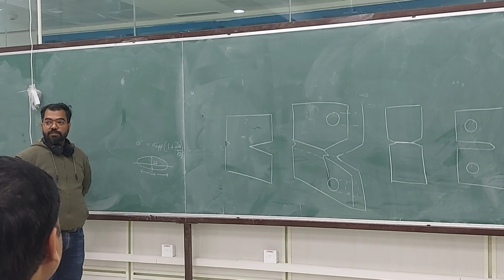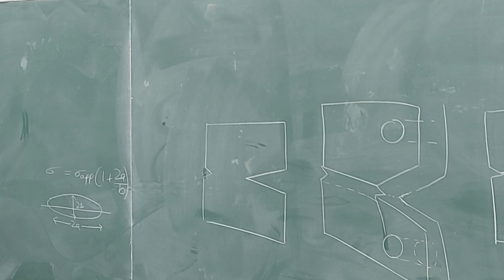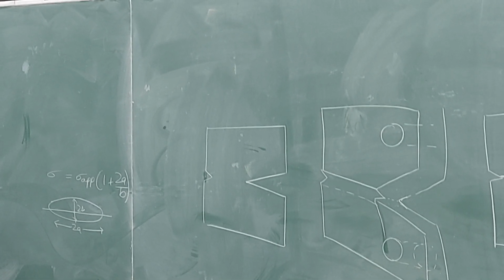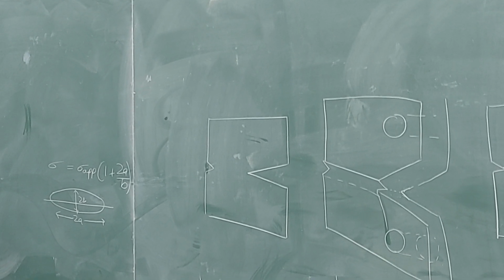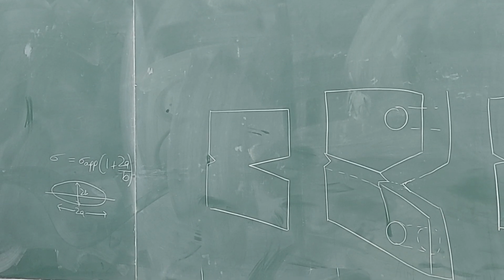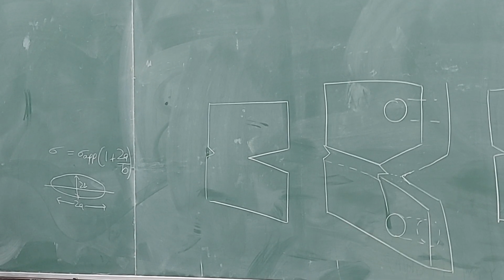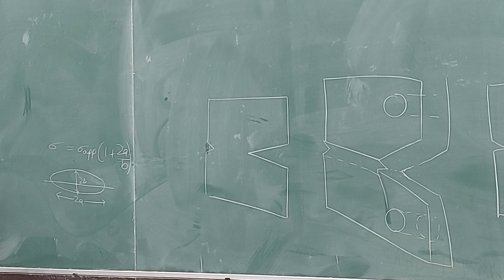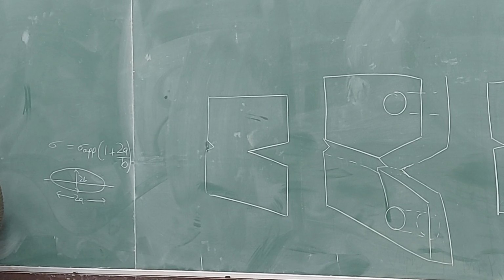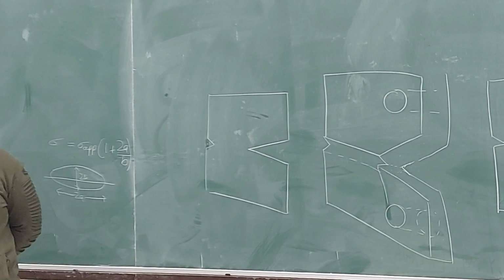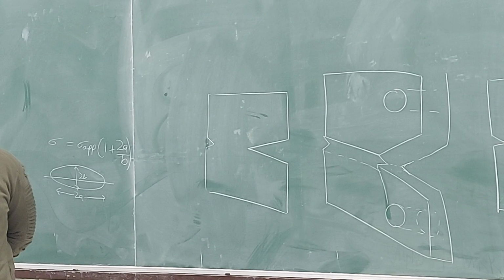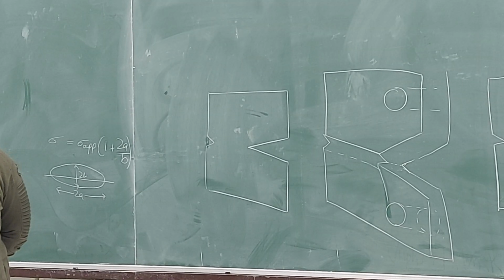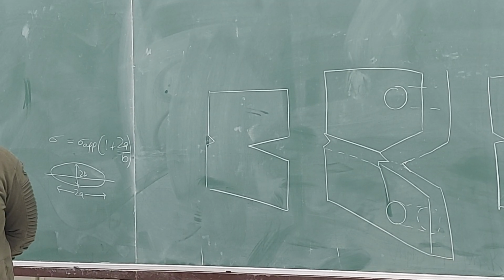Infinite. Okay? So as long as you have a finite root radius, you are not going to achieve the asymptotic stress behavior at the crack tip. Asymptotic behavior of Irwin's formula will be achieved only when you have a sharp crack. If it is not sharp, then the stress will have a finite value.